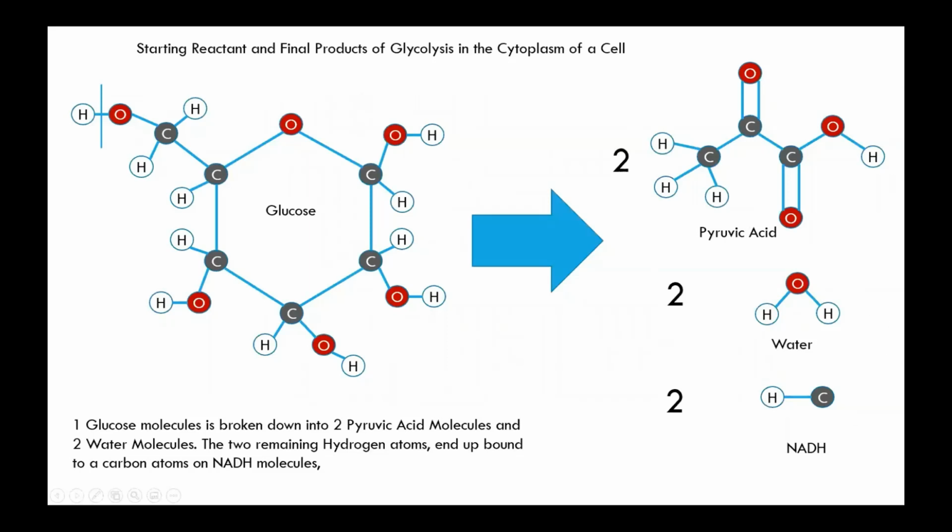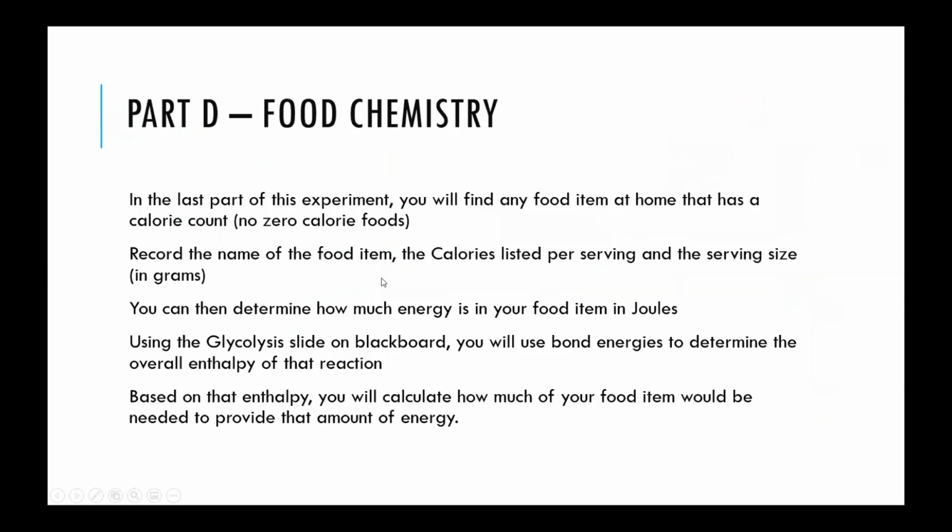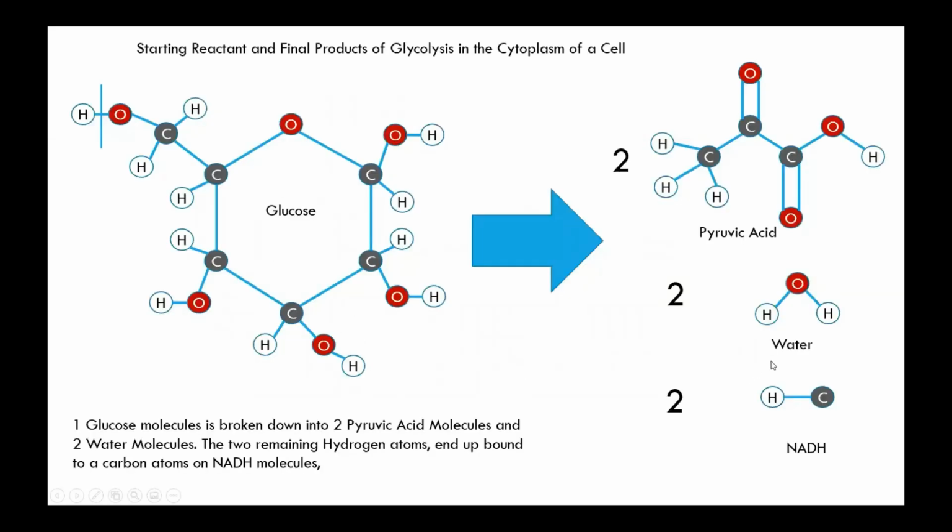The rest of the molecule remained constant. So what you're going to do is figure out what is the enthalpy of this reaction, and then utilize your food sample to see how many grams of your food would be needed to undergo 1 mole of this reaction.